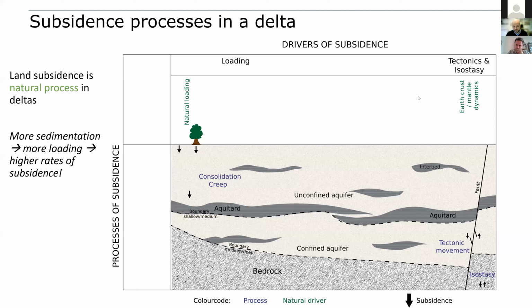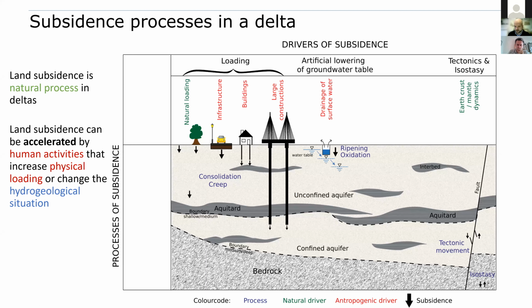Then, of course, the loading can be increased by human activities and the construction of buildings on top of the delta surface, like infrastructure, buildings, etc. But also, if, for example, the surface water level is drained, this also increases the loading, simply because the water is no longer carrying the shallow sediments.